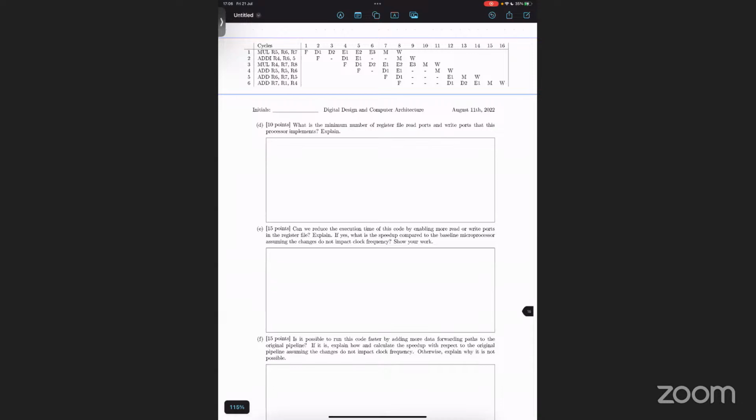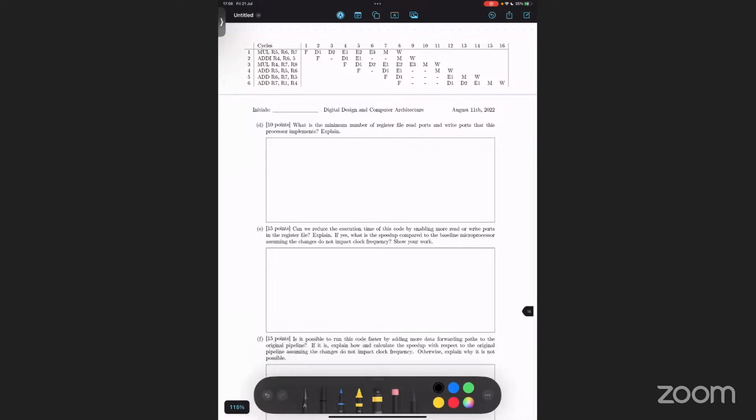As we said in the previous question, if the instruction needs 2 operands and none of those are being forwarded, it will take 2 cycles. So this means it will have 1 read port at minimum, because it takes 2 cycles to read 2 operands from the register file.